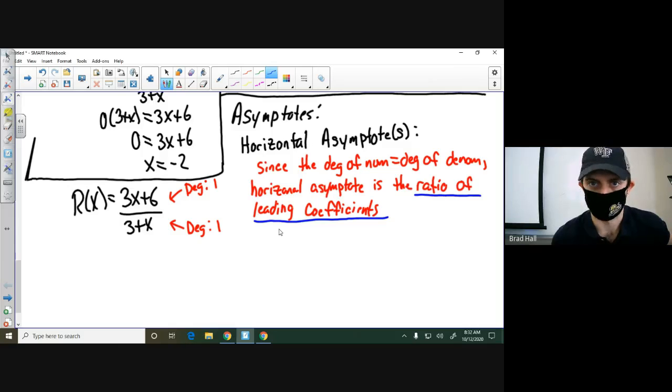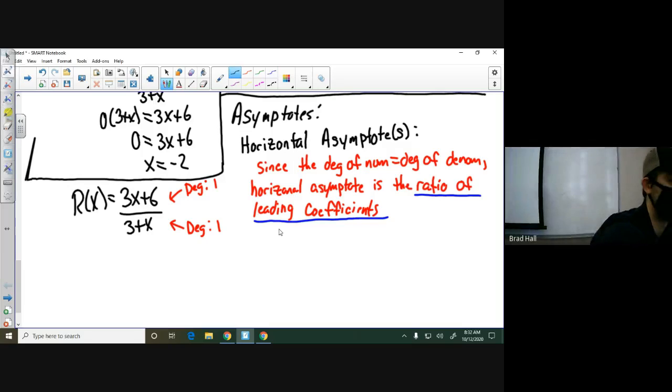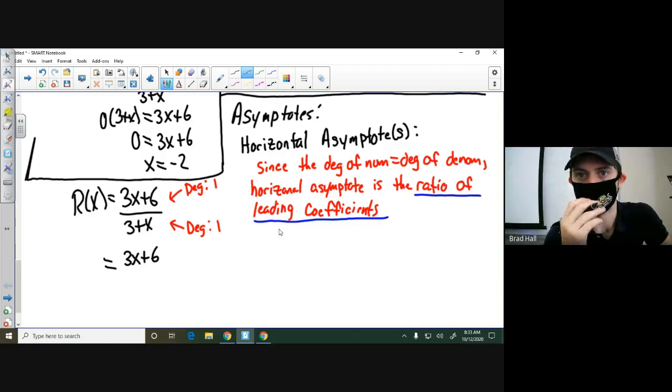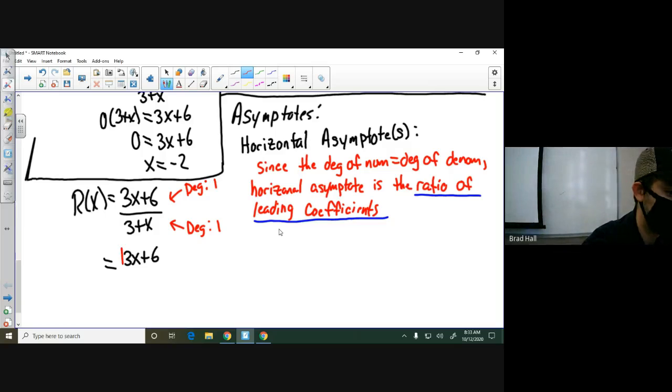That's all coefficient means. And when it says leading, it means if you put each polynomial in standard form, what is the number in the very front? That's it. You may notice that our problem over here on the left, the numerator is in standard form, which means that the leading coefficient, the number in front, is just 3.